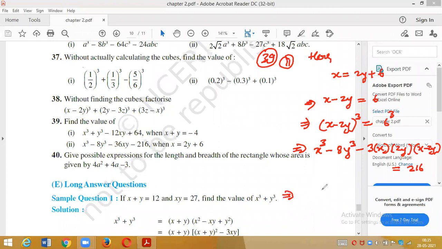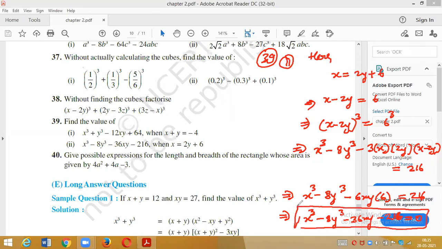Now this is x cube minus 8y cube, and this is minus 6xy times 3, and the value of x minus 2y is nothing but 6, right? Is equals to 216, and if you further simplify this one, you will get x cube minus 8y cube minus 36xy, and if you take this 216 to this side, it will be minus 216 is equals to 0. इसका आंसर भी 0 ही आएगा. Is it clear to everyone?